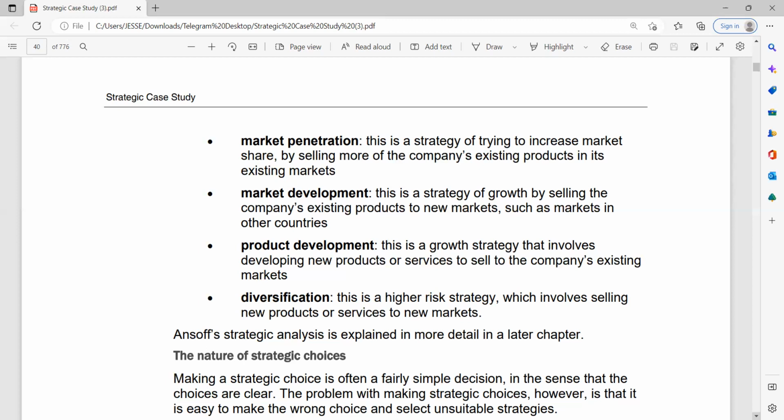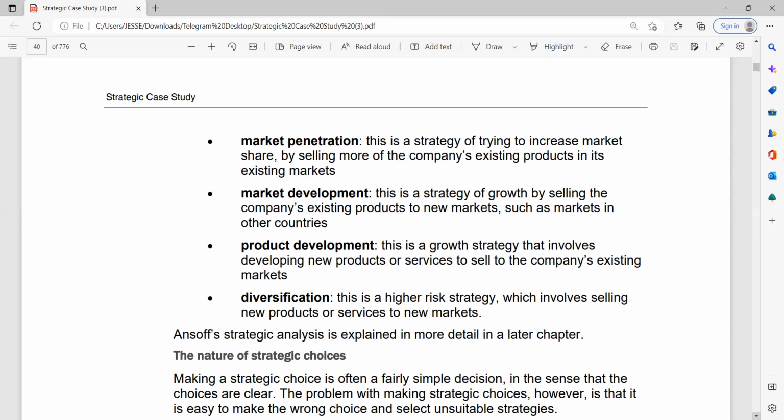Now let's move on to product development. Product development, as you might have already seen, is a strategy that involves developing new products. Development means new. So developing a new product and selling it to the company's existing markets.